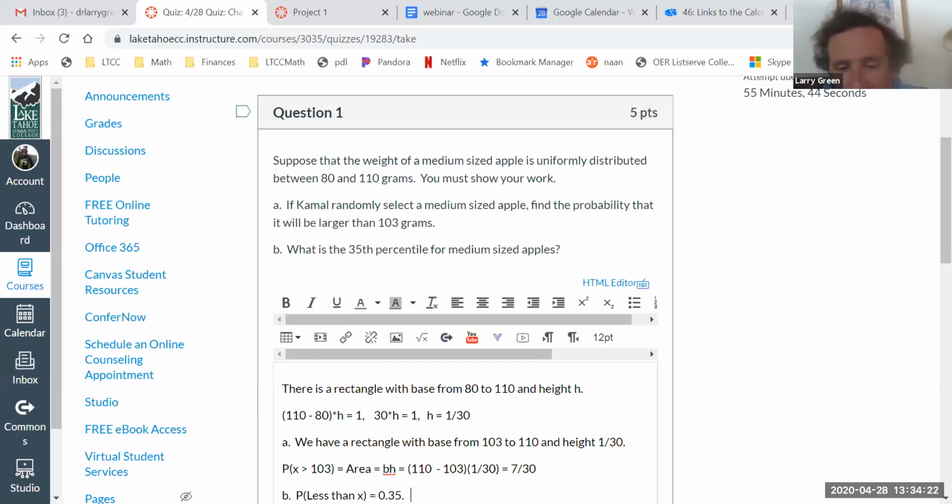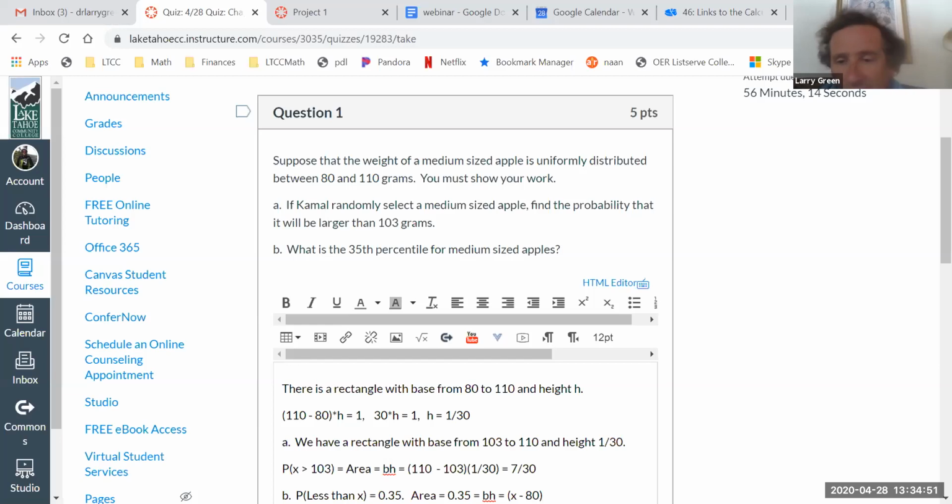Now, probabilities are area. So what we have now is, we know the area is equal to 0.35, but that is equal to the base times the height. The base is going to be X minus 80, because the right-hand side of the rectangle is at X, which we don't know.